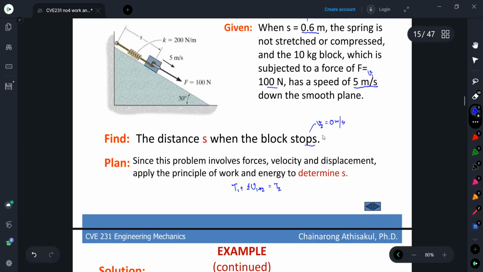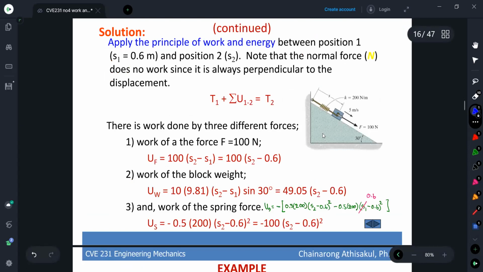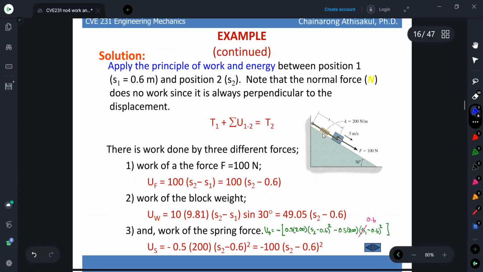We apply it between position 1, where S1 is equal to 0.6 meter, and position 2, S2, that we don't know now.